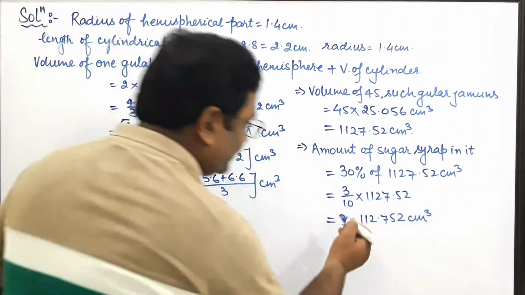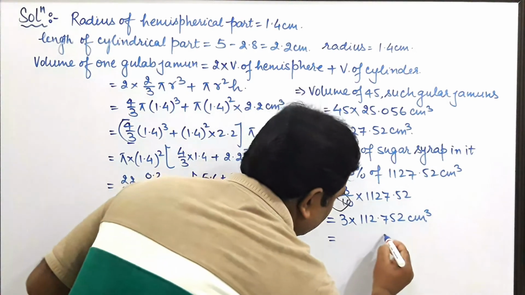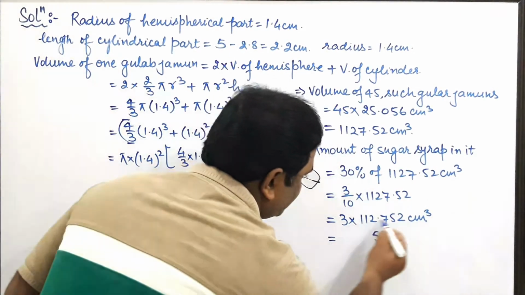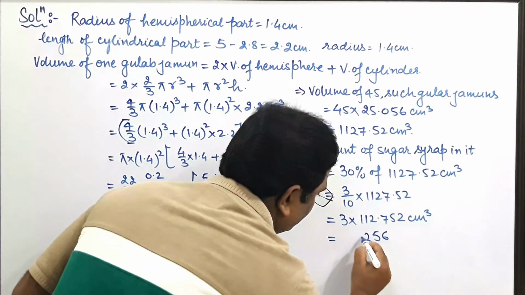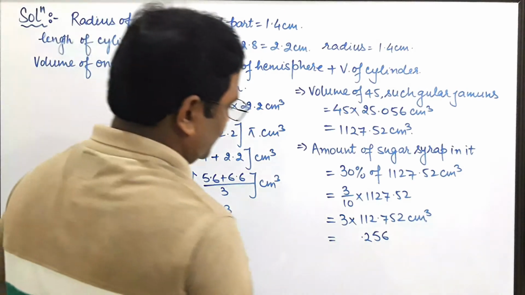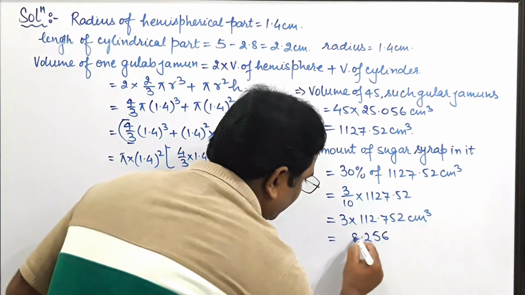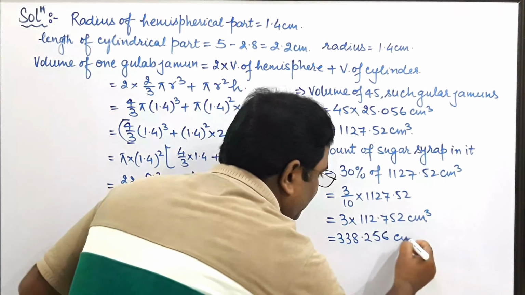Let us multiply it. So 3 2s are 6, 3 5s are 15, carry 1, 3 7s are 21 plus 1 is 22 point, 3 6s are, 3 2s are 6 plus 2 8, 3 1s are 3, 3 1s are 3 cubic centimeter.